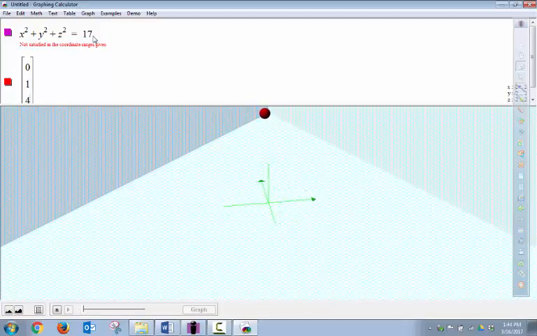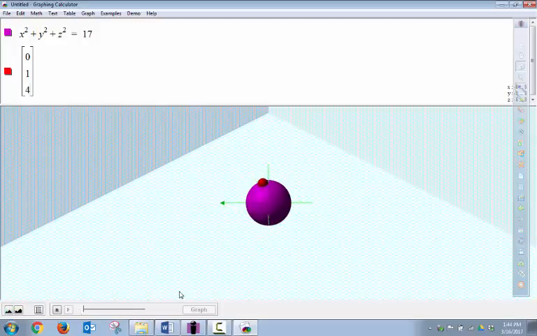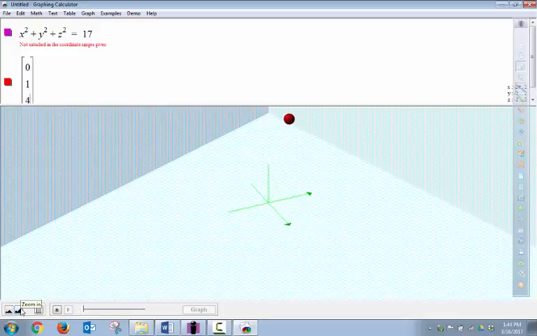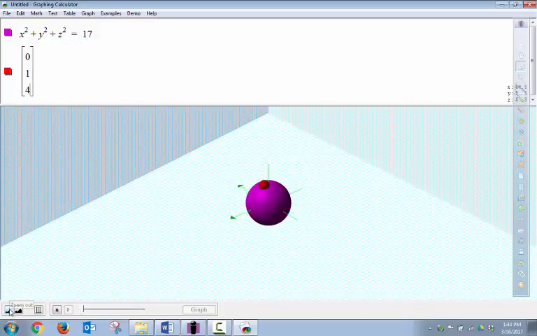Where's the sphere? That one just barely missed. None of the sphere showing. This is supposed to be on the sphere. If I zoom out, I guess I can see it.